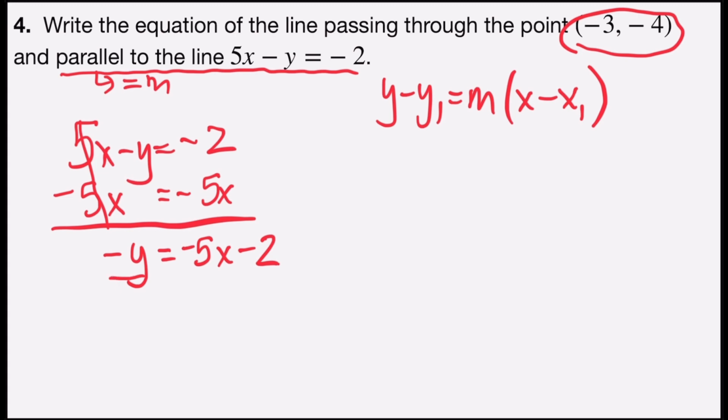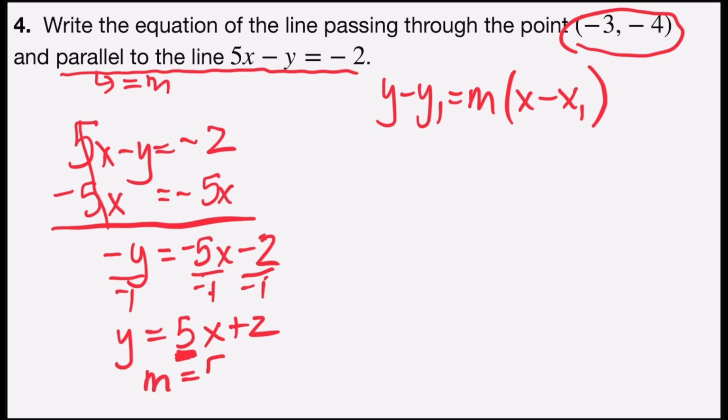One step left, divide everything by -1, so y would equal -5 divided by -1 is +5x, and -2 divided by -1 is +2. That means the slope of the given line is 5, and the slope of any line parallel to it is also 5. So now I have the point (-3, -4) and a slope of 5.